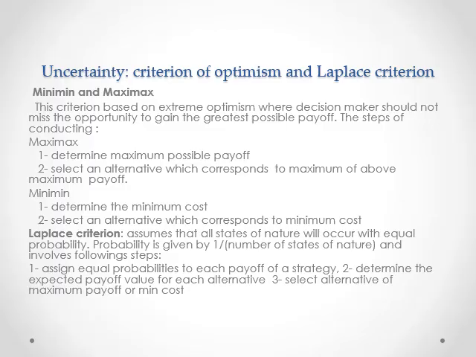Okay, Laplace criterion. First step is to determine the probability. Equal probability. Probability is given by 1 over the number of states of nature. We don't know how many states of nature, maybe 9, 10, whatever. And then after that we are going to insert the following steps.